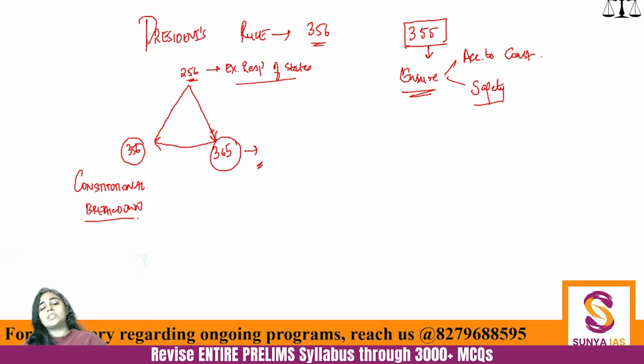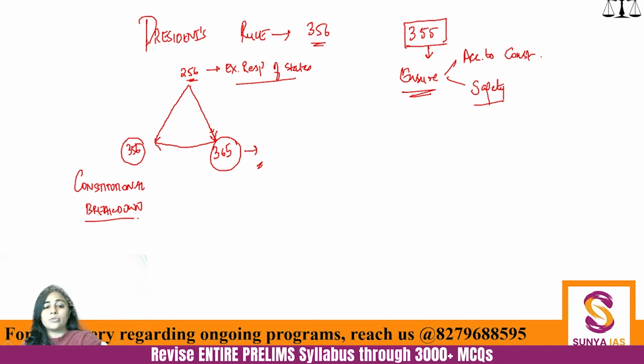So on the basis of these articles, article 356, which is the president's rule, will violate the federal provisions of the constitution, terminate the government of the state and give the powers to the president. That can happen.